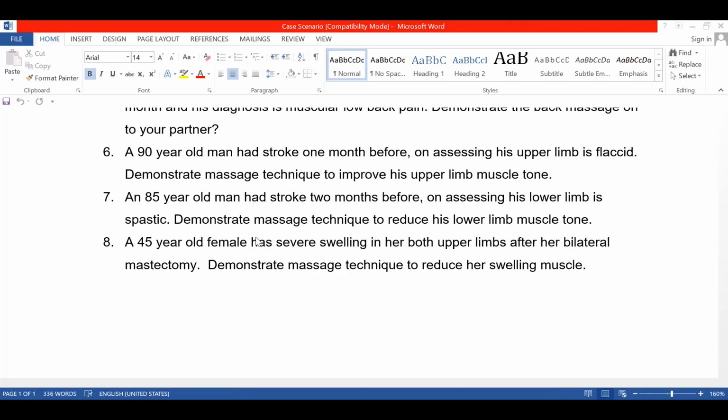Because after the surgery, if the lymphatic node is completely blocked, when you apply pressure from distal to proximal, the overpressure will further damage the lymphatic nodes. It may burst in the middle. To avoid that, you have to remove the block in the proximal area, then start from distal to proximal.